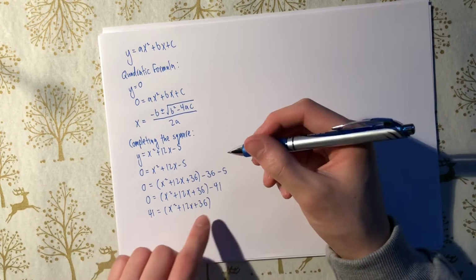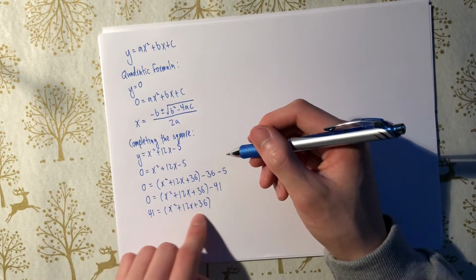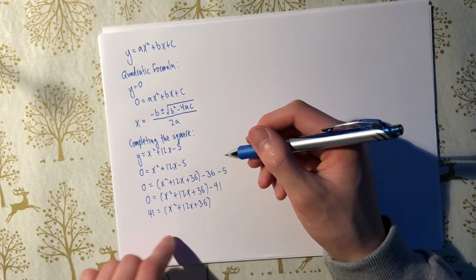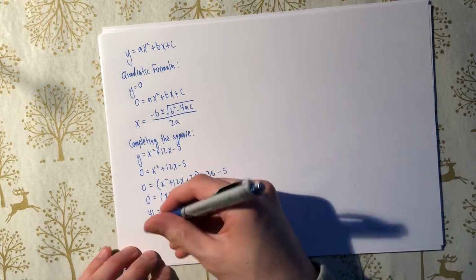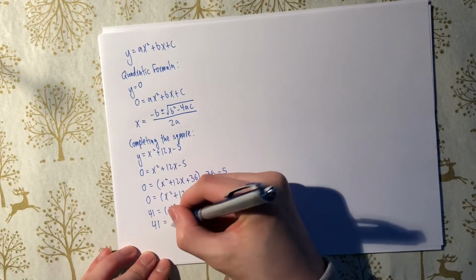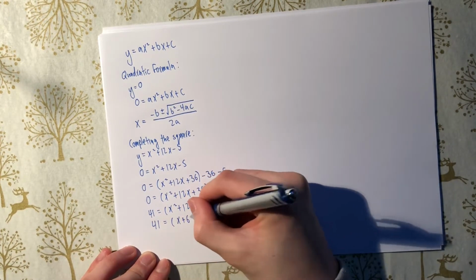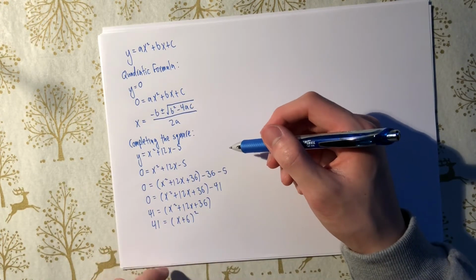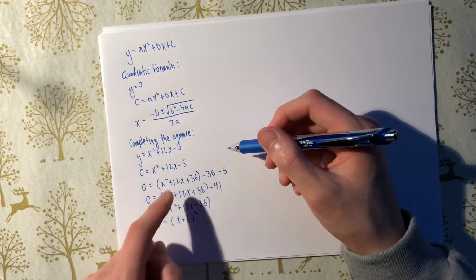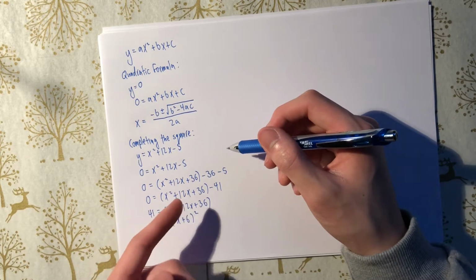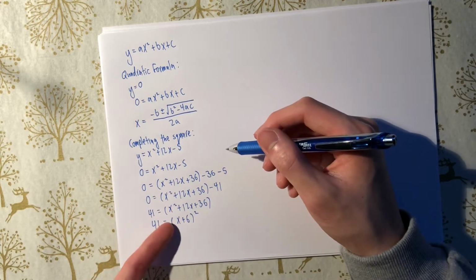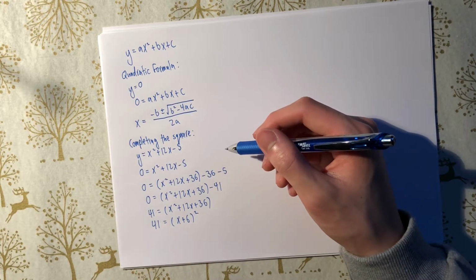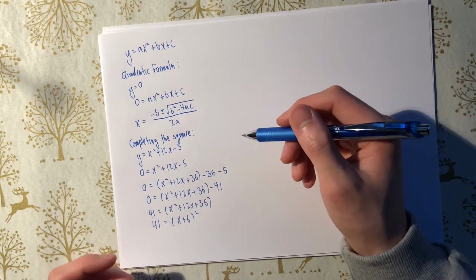Now what you should be able to notice is that the quadratic we have on the right-hand side of the equation is simply x plus 6 all squared, because if you expand that out, you get this. And that's always the case, because if you're halving this and squaring it, you're essentially finding x plus something all squared.